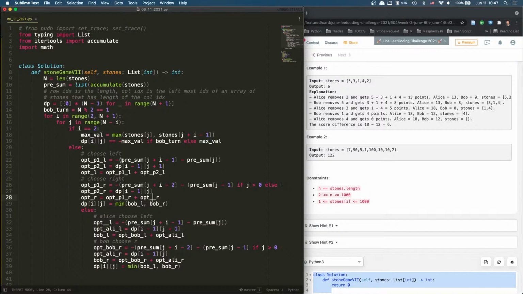let's do it this way. So P1 and P2 is going to be like this, right? Well, if Alice goes first, then the optimal is still going to be optimal plus, because I'm going to save the negative value no matter what.